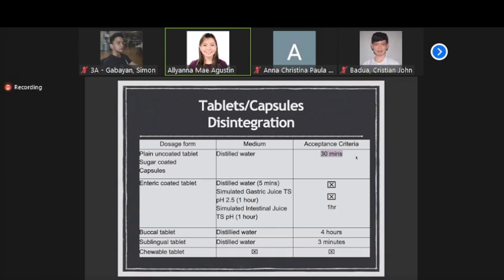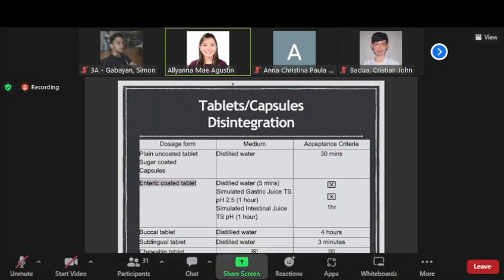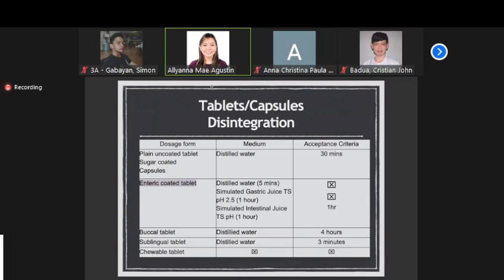Okay. So for enteric-coated tablet, saan dapat sila mag-disintegrate? Pag sinabi nating enteric-coated, they are designed to disintegrate at what area of the body? Sige, anyone? Correct, sa intestine. So, this is in order for us to protect the stomach.